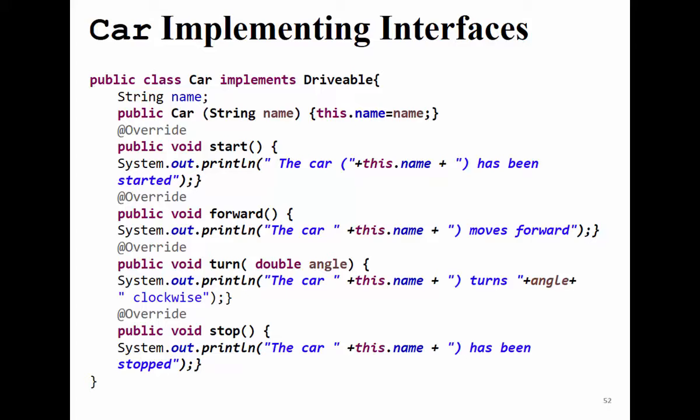So in this case, our interface, drivable, contains start, stop, forward, and turn. So this class car should give me the implementation for all of them. So in this case, I should see start, forward, and turn, and stop. Any question?